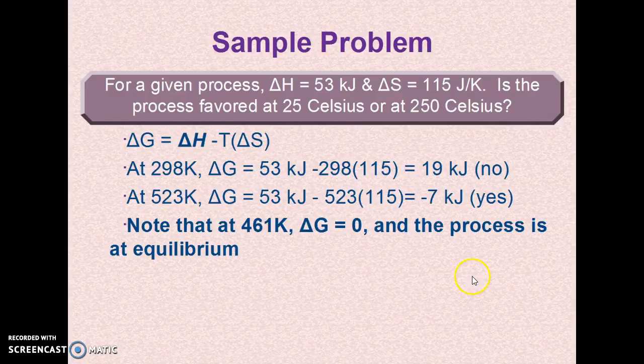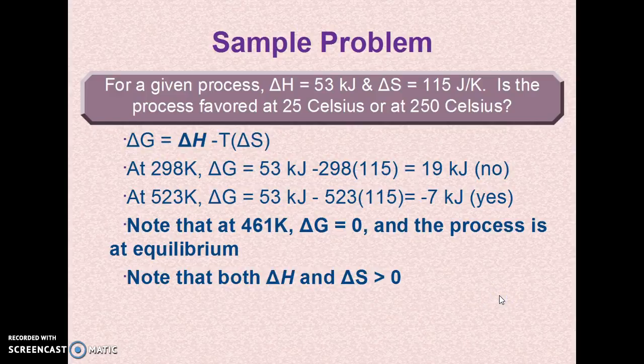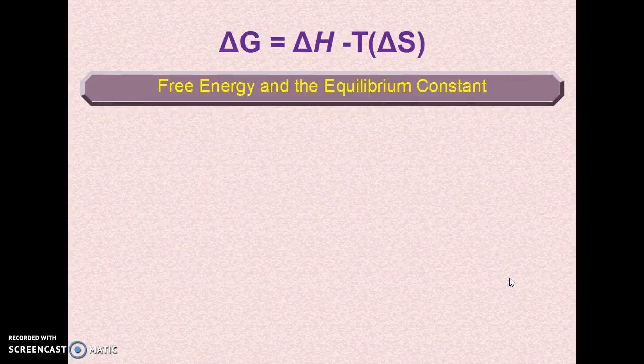Note that at 461 Kelvin, delta G is 0, and this process would be at equilibrium. Reactants and products would be forming at the same rate. Note here that both delta H and delta S in the given of the problem are positive numbers. So we would expect an equilibrium to happen.